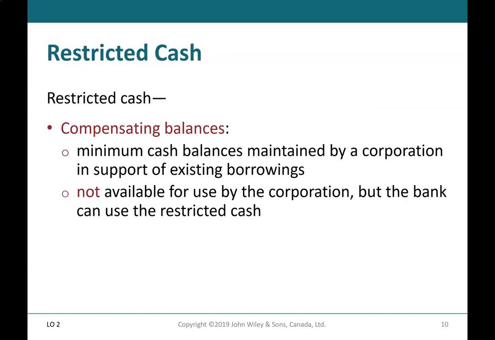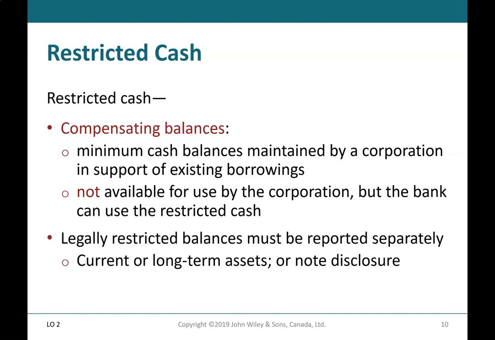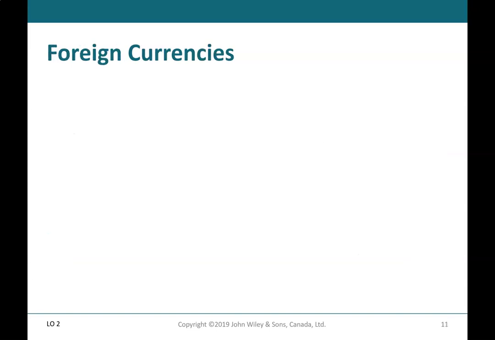Restricted cash. Compensating balances are minimum cash balances maintained by a corporation in support of existing borrowings, not available for use by the corporation, but the bank can use the restricted cash. Legally restricted balances must be reported separately, as current or long-term assets or in note disclosure.